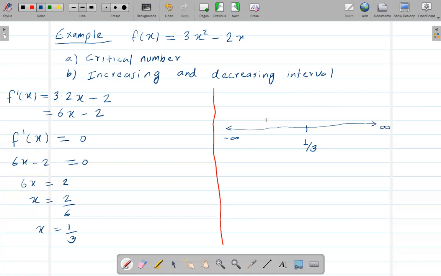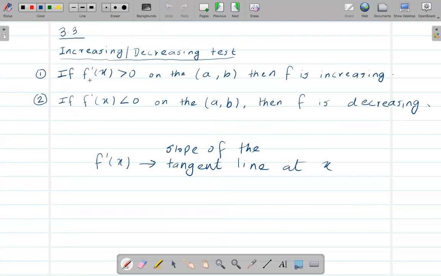Take any point on an interval and plug that into f prime of x, because that's what it is saying. If f prime at a certain point is greater than 0, then we can say that interval is going to be the increasing interval.